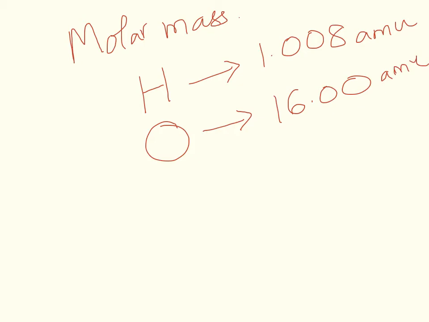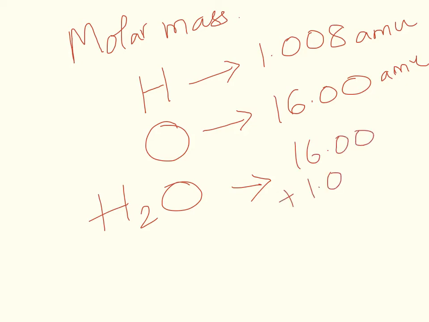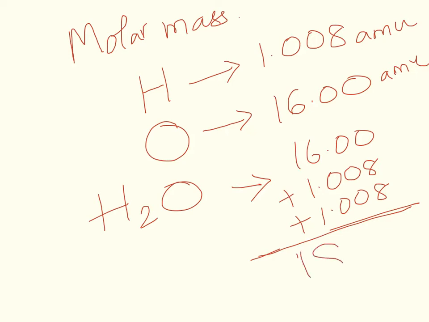If two hydrogens and one oxygen are chemically combined, the mass of that molecule would be 16 plus 1.008 plus 1.008, which will amount to approximately 18.02 AMU.